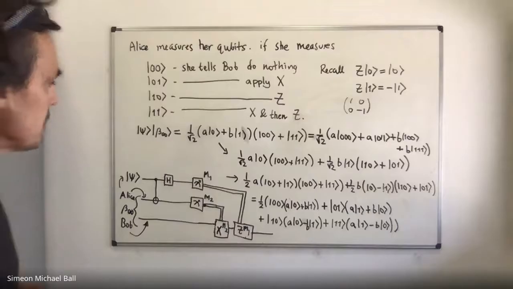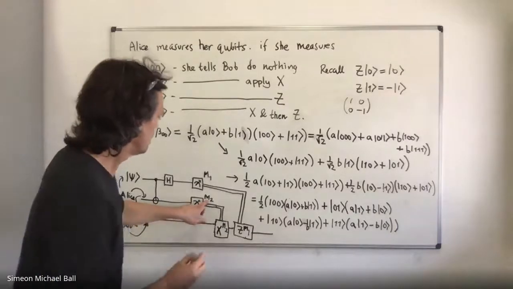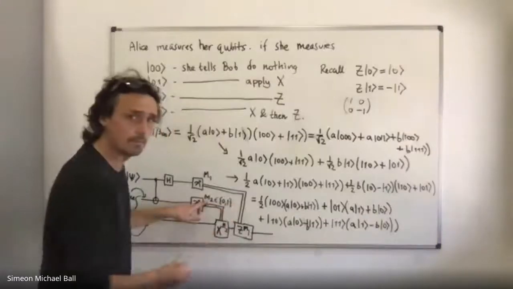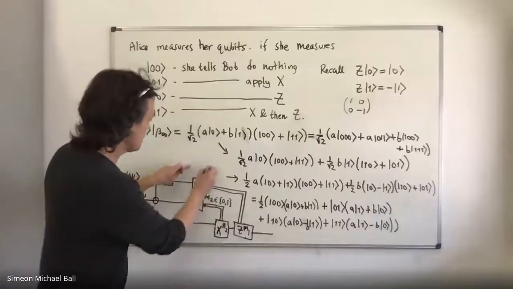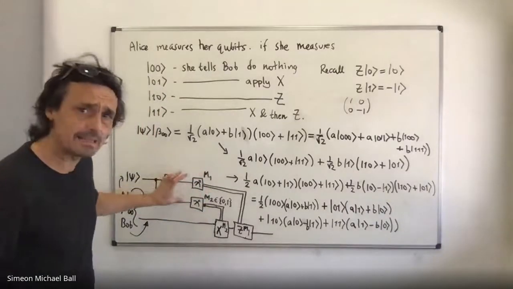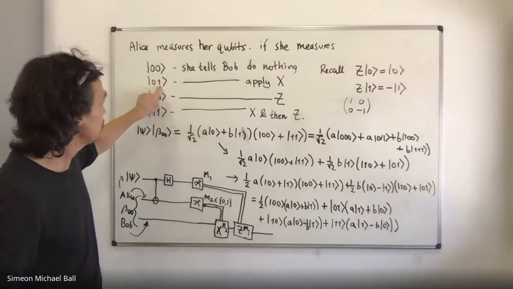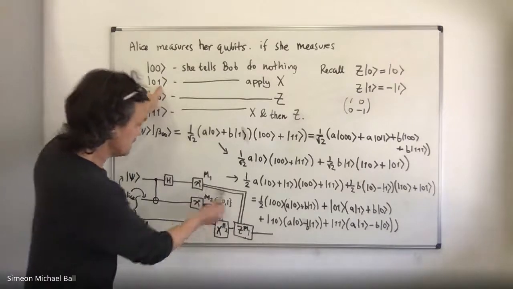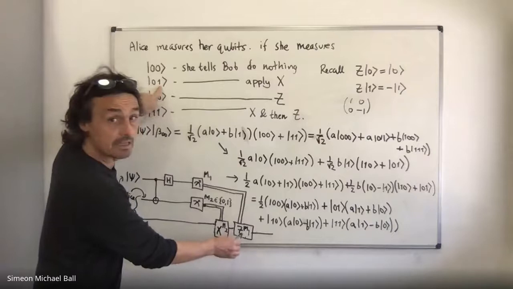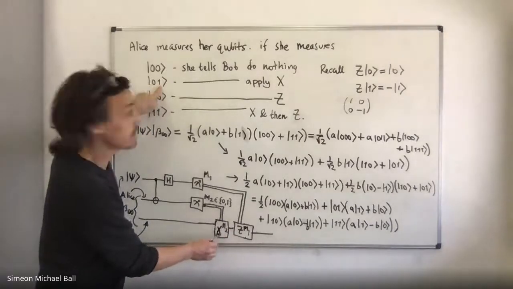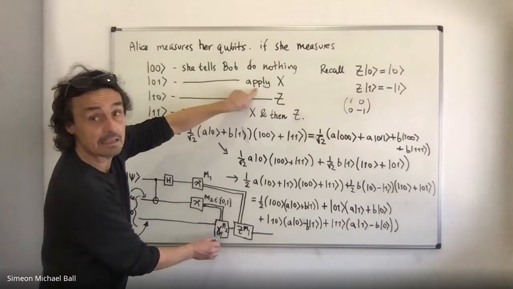So this is a linear transformation of the qubit of Bob and M2. M2 is just a number, 0 or 1. Okay? And so is M1. So when Alice does the measurement, M1 would be 0 here, and M2 would be 1. So this is 0 here, which means Z to the 0 is the identity, and X to the 1 just assumes X. So what happens is Bob applies X.